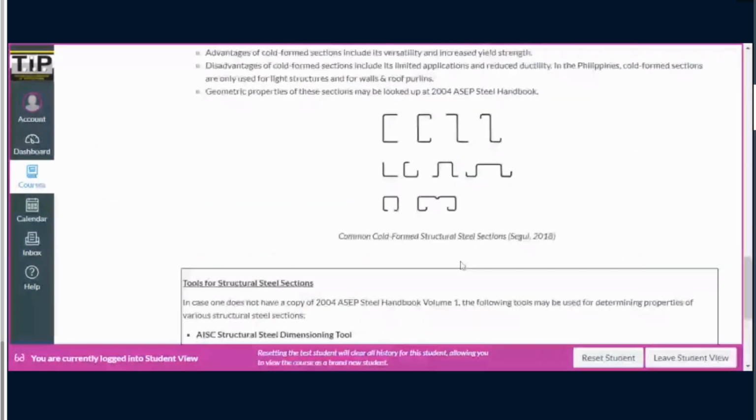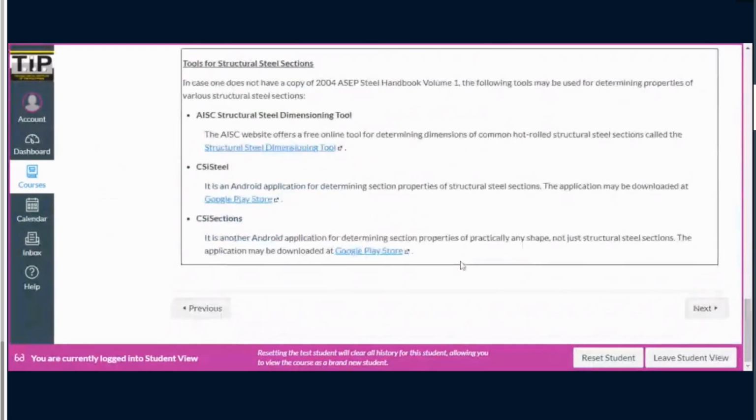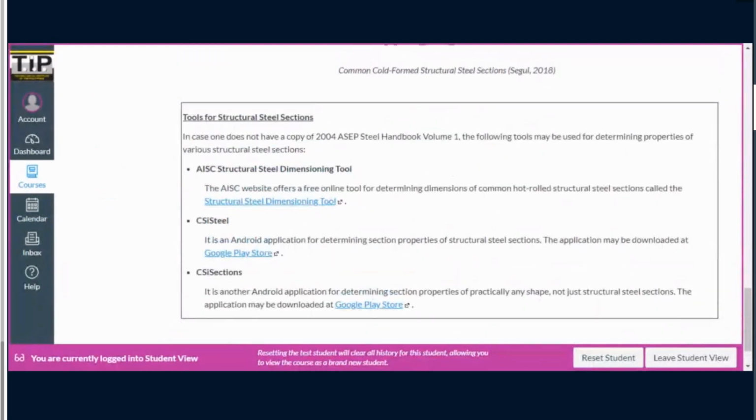Now, if you do not have a copy of the 2004 ASEP handbook, although I recommend having a copy, there are some applications that you may also use. We have the AISC dimensioning tool, which shows the dimensions of the common hot rolled sections.